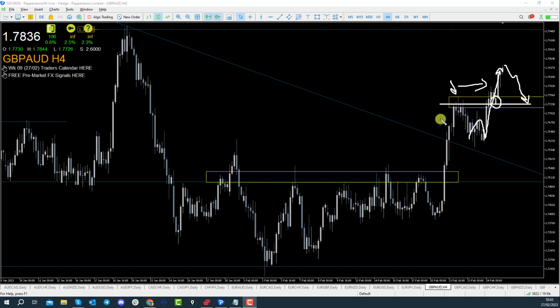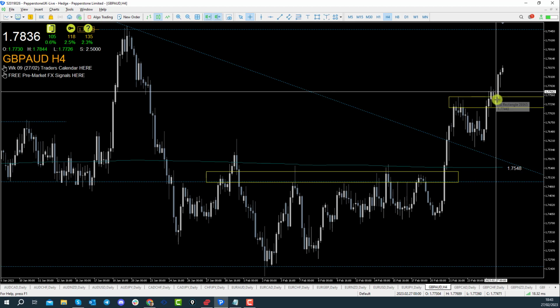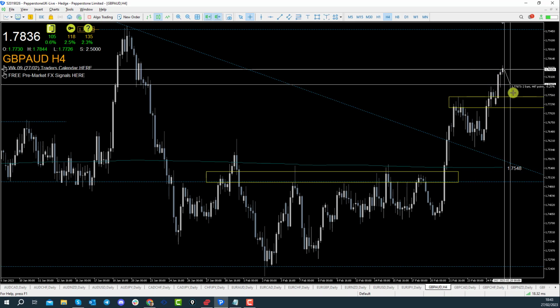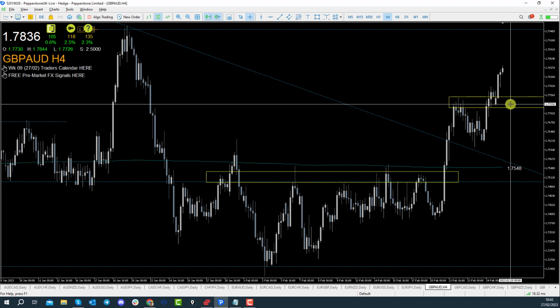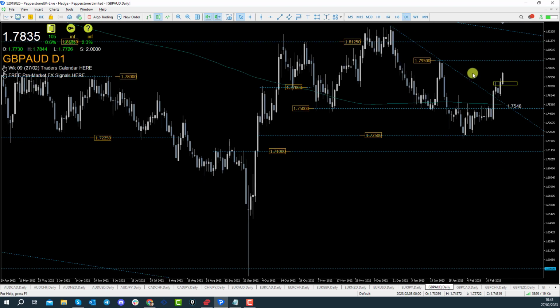You can also see this demand zone from the recent bullish move to the upside around this area. Price gapped down, then moved back to the upside. So I want to see price pull back again. If we get that pullback, we can look for long ideas up to that key area around 1.7950. So pound Aussie is very much still on the radar here for a continuation move.